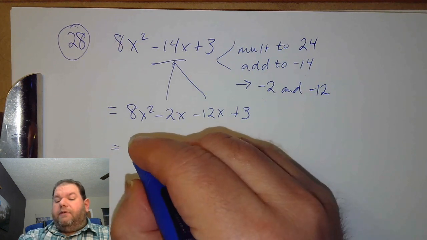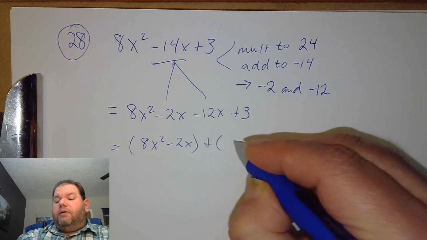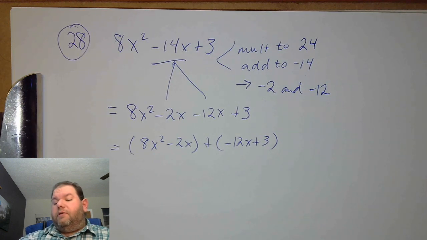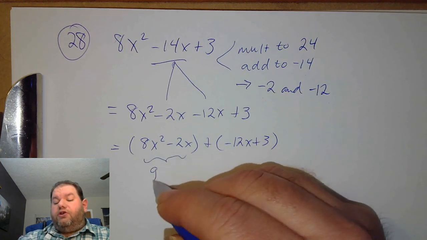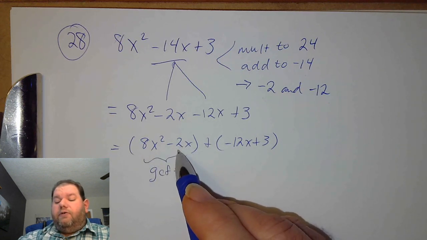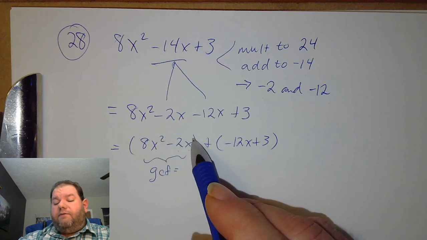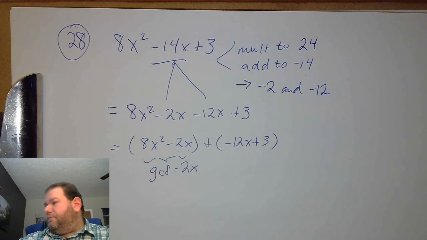Okay, now we split these into groups. 8x squared minus 2x, negative 12x plus 3. And again, we think about what is the common factor for each of these pairs. In this first term, what is the GCF? Well, between 8 and 2, 2 goes into both numbers, and each of them has at least x to the first, so 2x is our common factor.